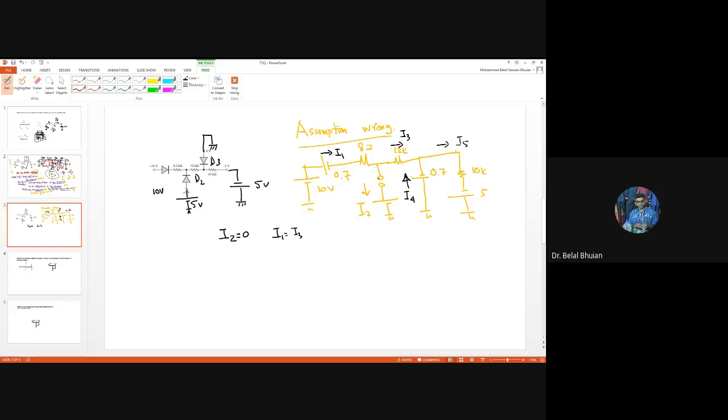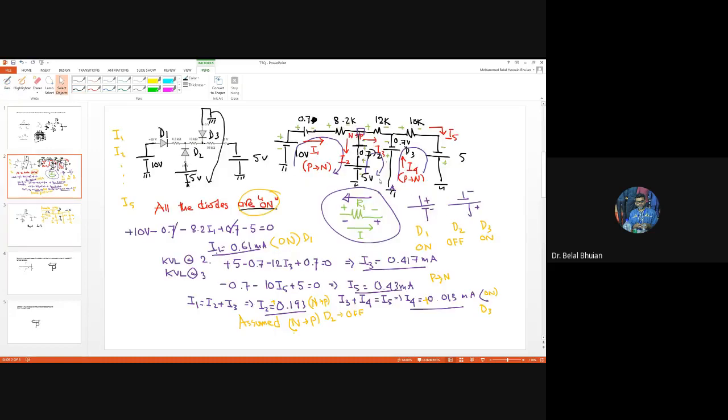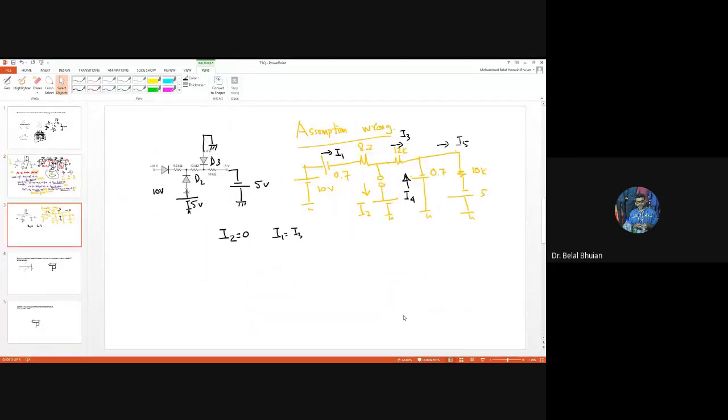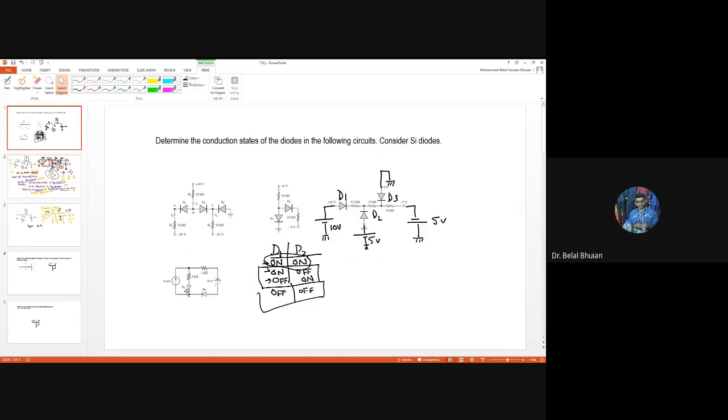So if you are asked to determine the conduction state of the diode alone, you do only this part. But if you are asked to determine the current at each branch, the real current, then you have to modify the circuit according to the conduction state that you have obtained and solve it. I leave it to you; it will be very simple.